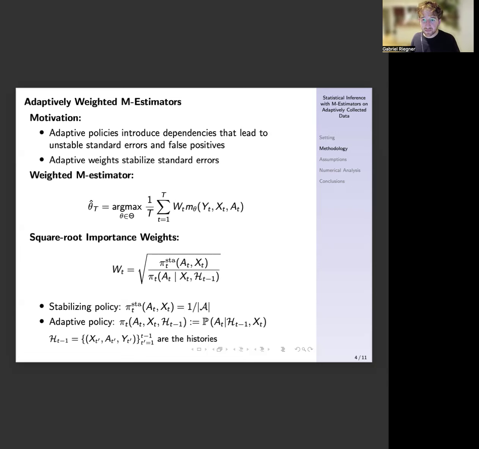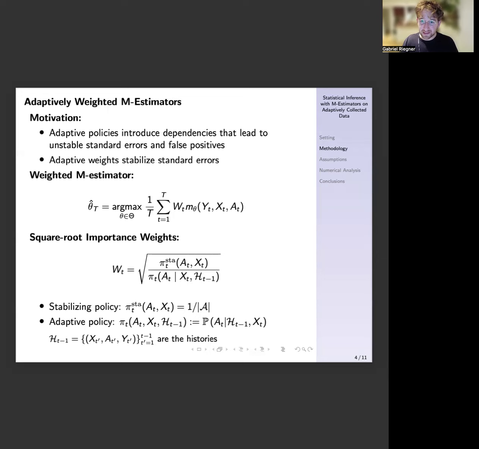All right. So to address the challenges of inference on adaptively collected data, the authors propose a method using adaptively weighted M-estimators. The motivation here is to stabilize standard errors. Adaptive weights are introduced to counteract the instability in the variance of the estimator caused by adaptive policies.